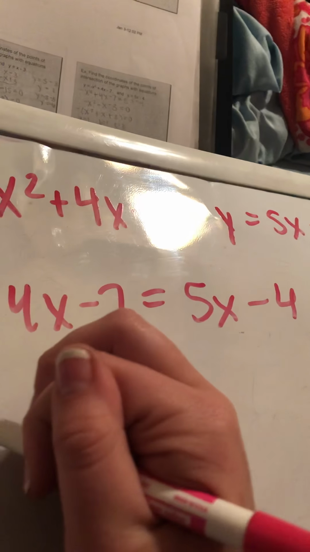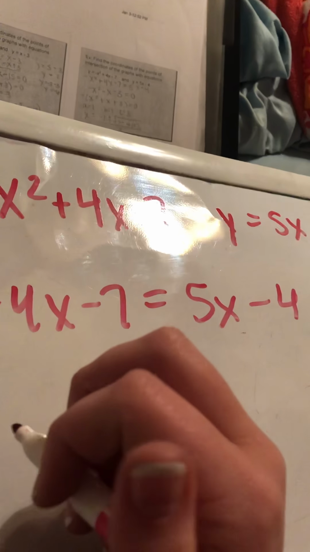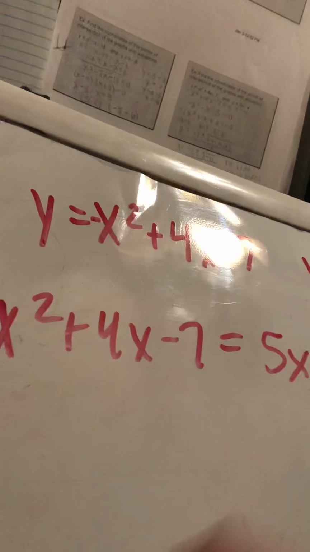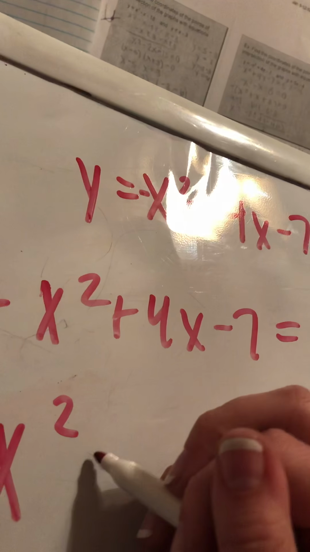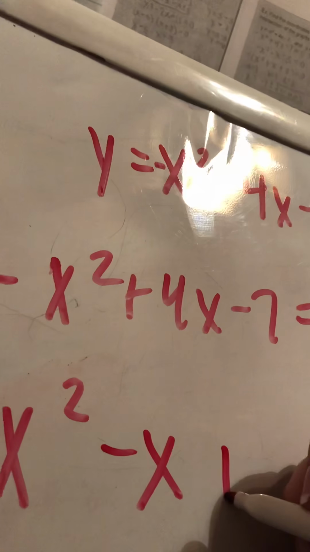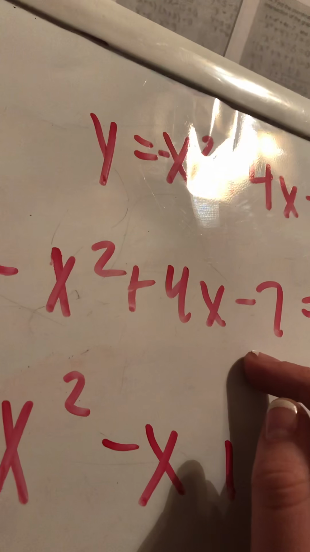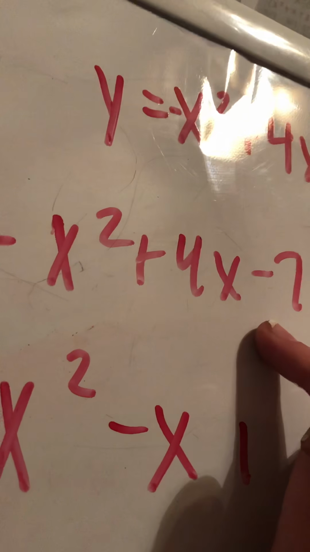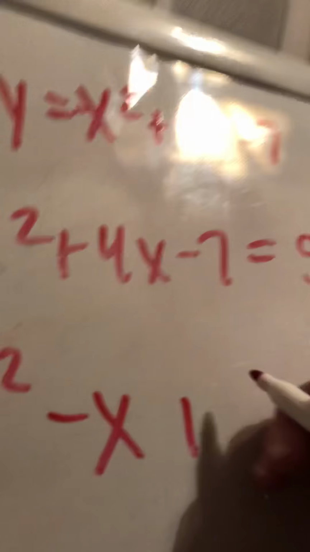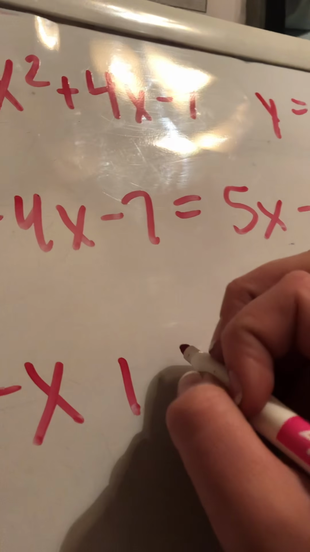X squared minus... oh wait, that was a negative. Oh, my bad. This appears negative, so it's going to go the opposite direction. X squared minus x plus 7 minus 4 is plus 3.